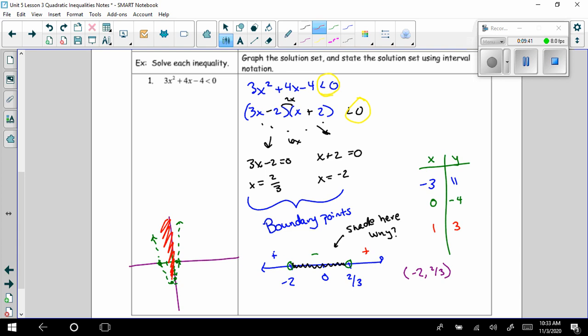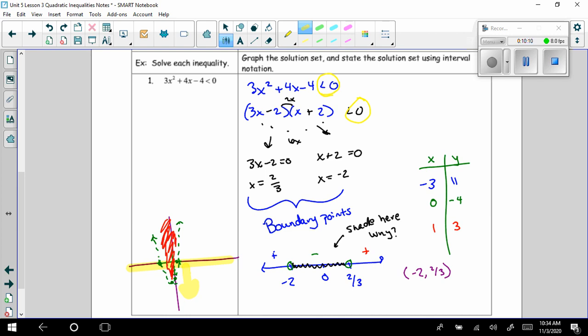That doesn't have anything to do with what we're talking about here, which is when the function itself is below or less than 0, so when is it below that line? From what interval to what interval? So we're looking at two different things here in terms of when to shade, and what I'm talking about shading here is just on a number line.